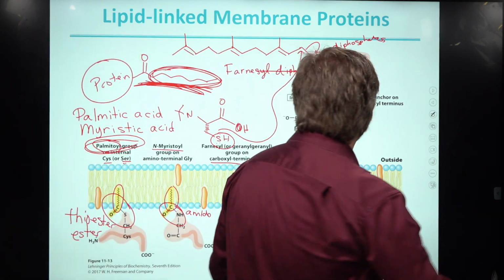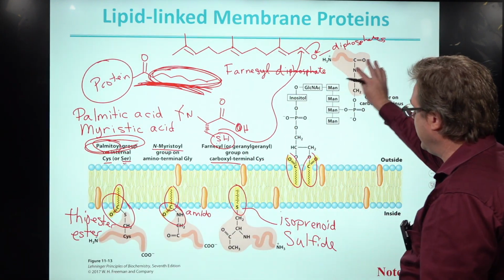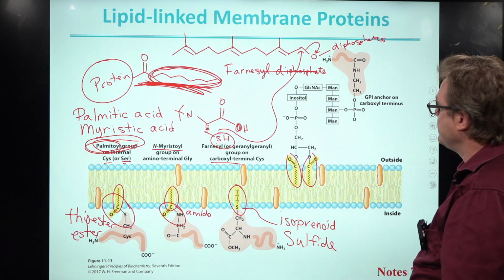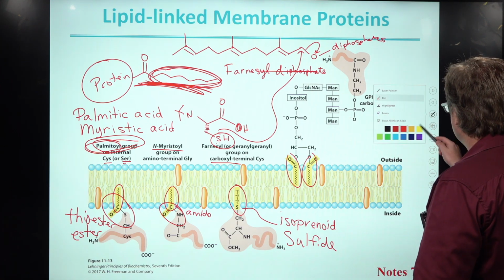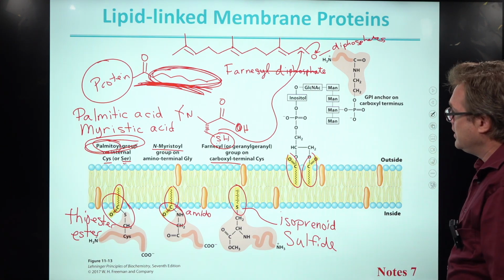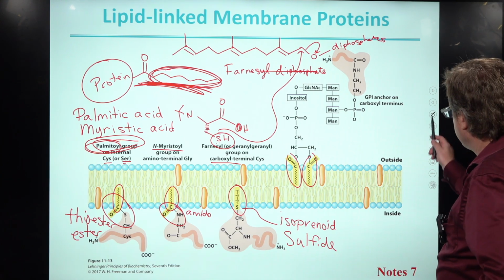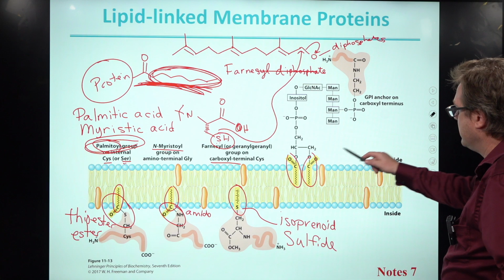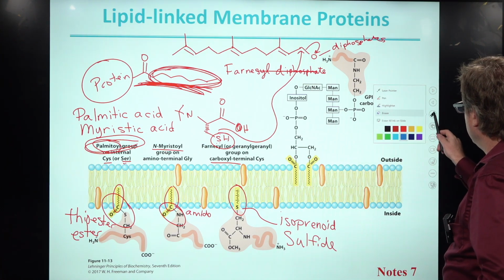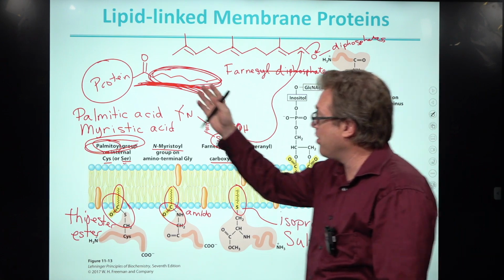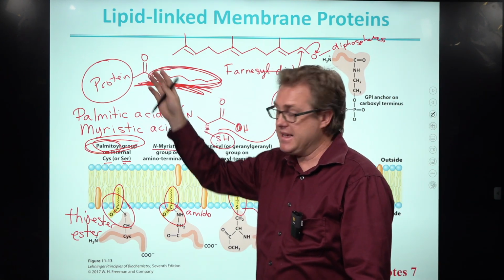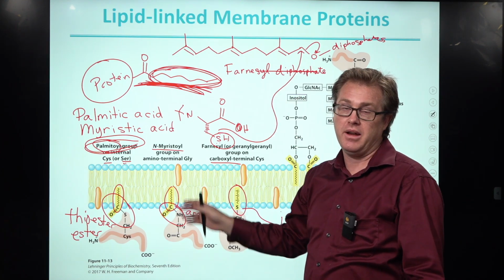Now we have this guy right here. Let's just use a different color pen. So look at this protein right here. The previous three, we made life easy. We just take a protein, we attach a fatty acid, then it inserts into the membrane.